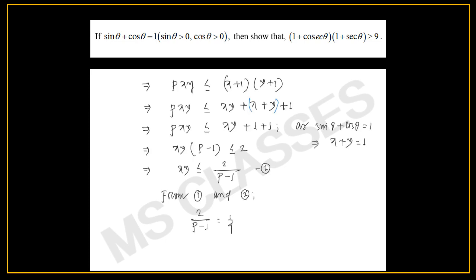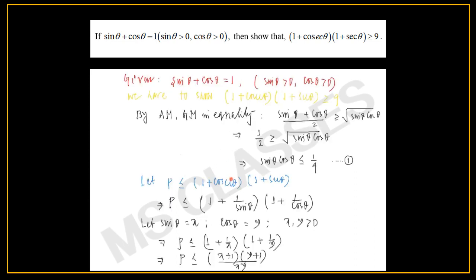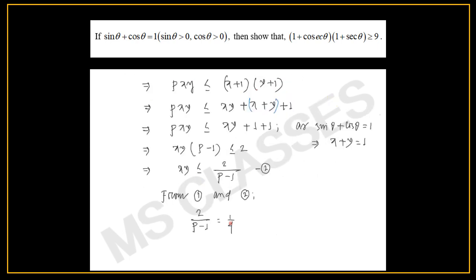The product xy is taking the maximum value 2 by (P minus 1) here. Previously in equation 1, sin theta cos theta was taking the maximum value 1 by 4. Now from these two expressions, these two conditions should be the same. So from here we can say that 8 equals P minus 1, and therefore P is equal to 9, which is the required value.